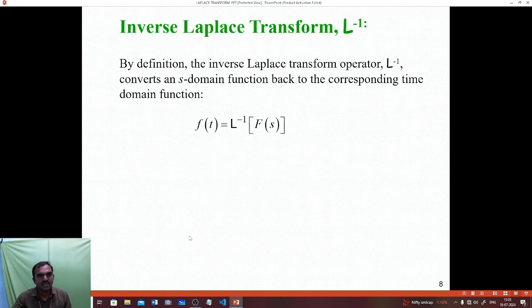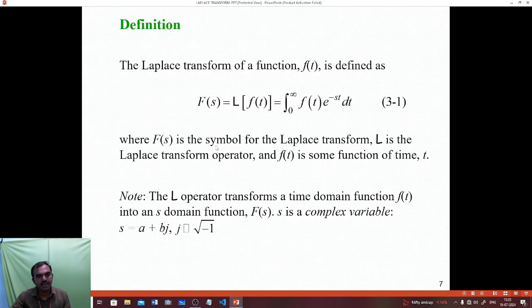Okay. So the inverse Laplace transform, that is our familiar L inverse. By the definition, the inverse Laplace transform, that is the operator L inverse, converts an s domain function back to the corresponding time domain function, that is our f of t. See the previous one: f of s equals L of f of t, this is a Laplace transform.